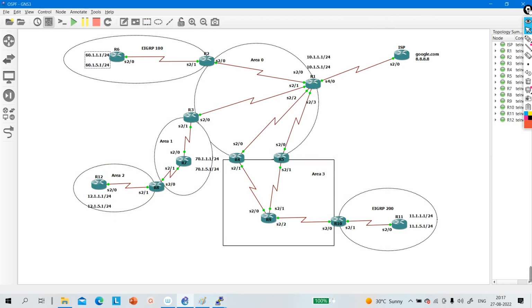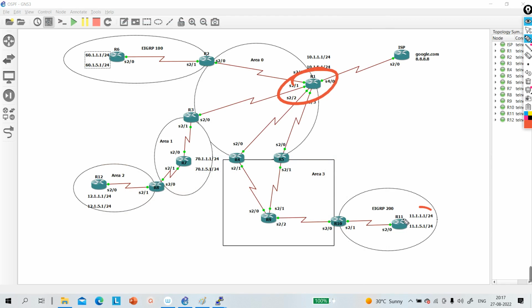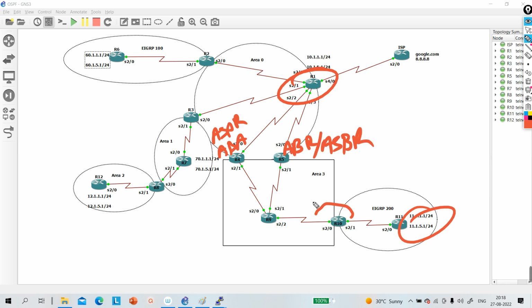Okay, now my question is how router 1 will receive these prefixes, right? Now this is ABR as well as ASBR. This is also ABR as well as ASBR, right? So router 10 is generating LSA 7 to share external prefixes in the NSSA area of the OSPF domain, right?